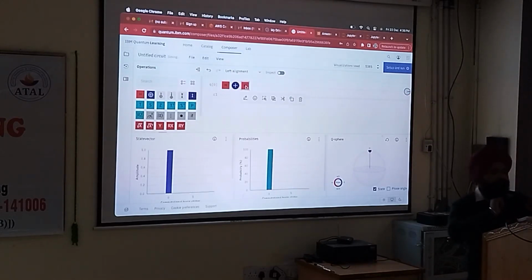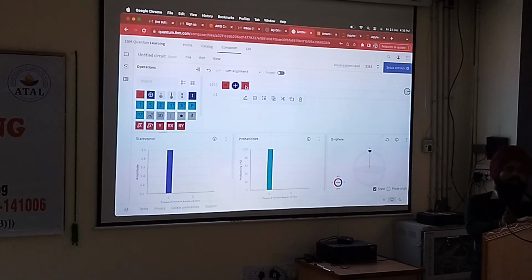What did it do? It gave an answer with 0 only. We applied 2 Hadamard and 1 X. What did Hadamard do? Hadamard takes 0 and converts it into 1 by root 2, 0 plus 1 by root 2, 1.